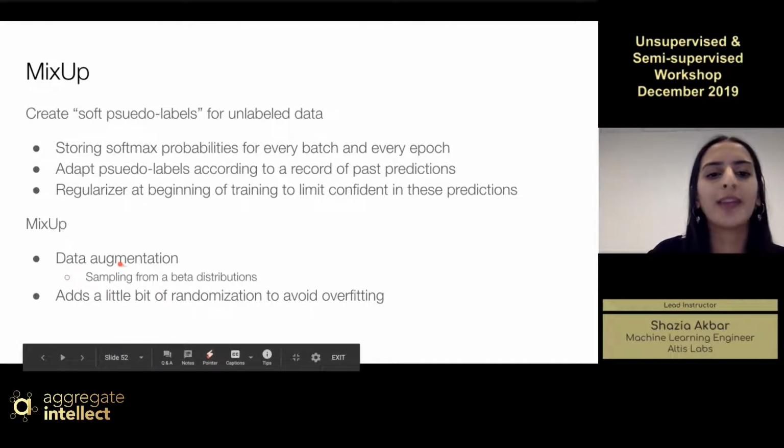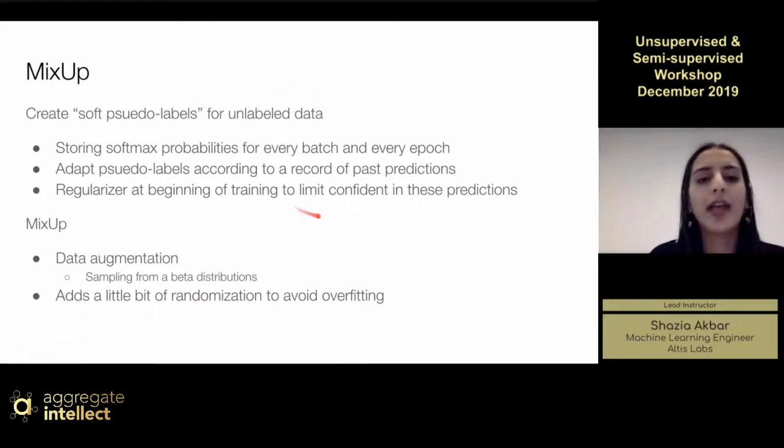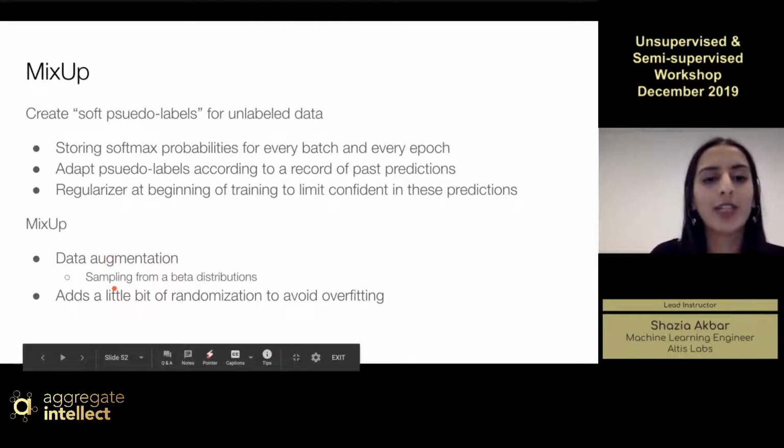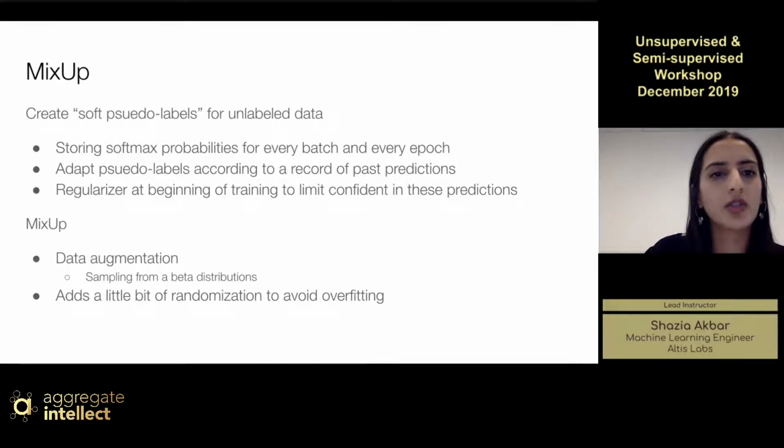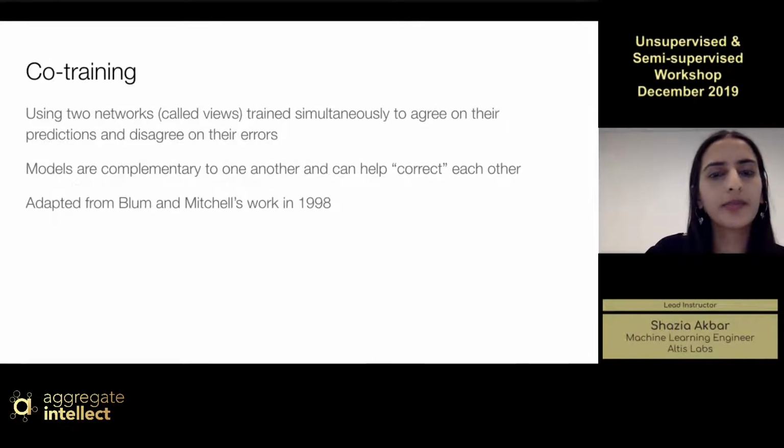The name MixUp actually came from the additional data augmentation and randomization they added, because they found that by just doing this particular approach, they overfit quite a lot to their data. So they had to do a lot of augmentation and randomization in order to complement the pseudo-labeling technique they had in the paper.